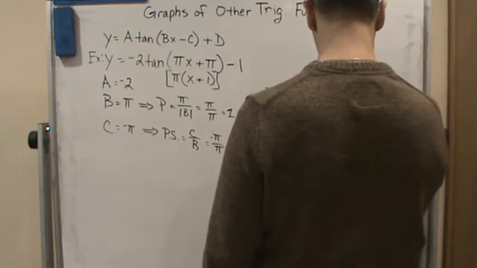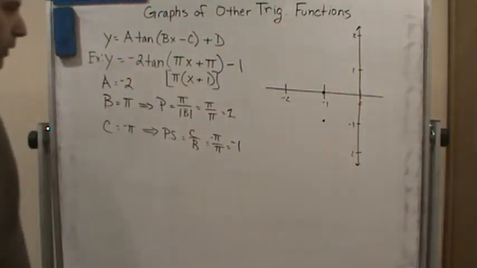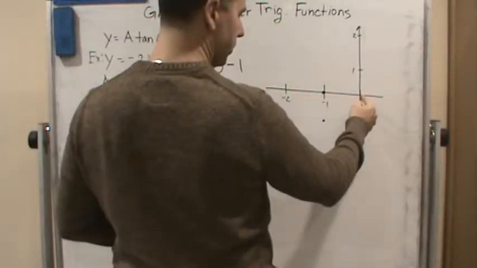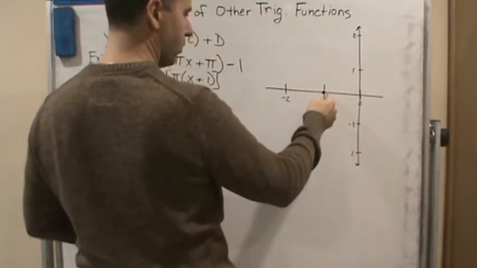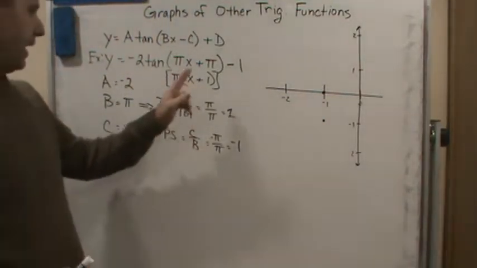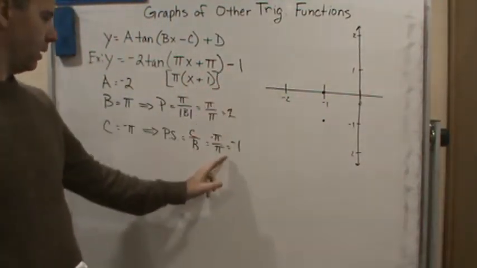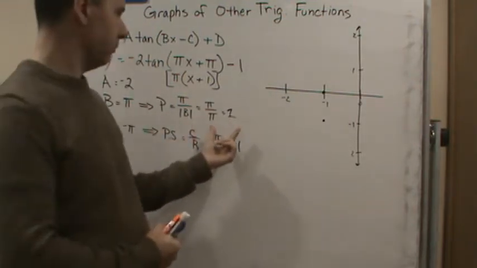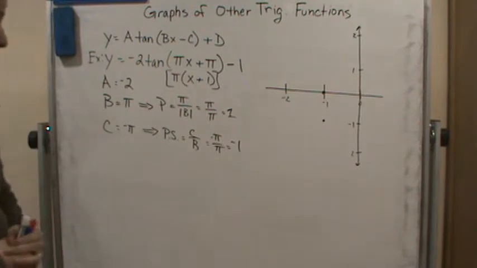So now we know it's going to go through that point. The origin is where it usually goes, but now it's being shifted to the left 1 unit and down 1 unit. And the period is 1.